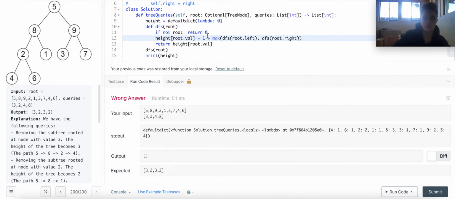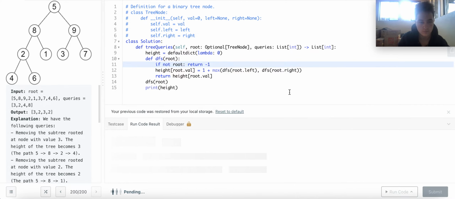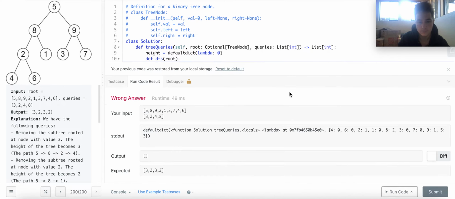So we make that -1, and then everything will get propagated up 1.